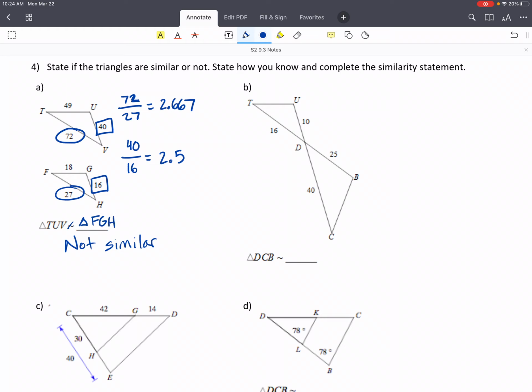Okay, part B, I have two sides labeled, so this one I can look at with side, angle, side, and here's the angle between them as vertical angles. My longer side is 16 to 40. I get 0.4. Then we're going to do 10 to 25.